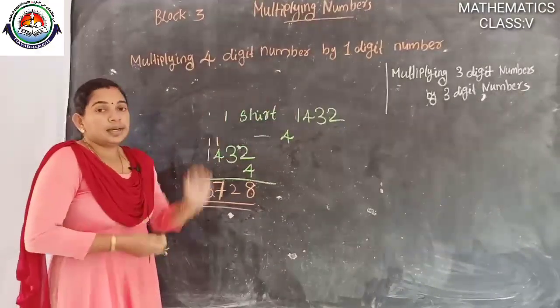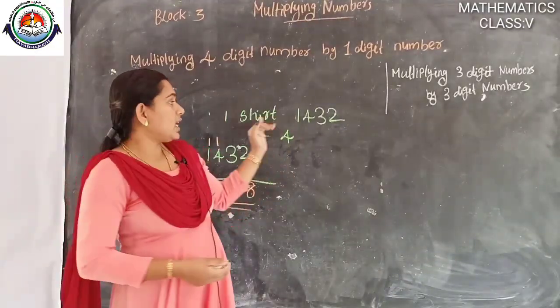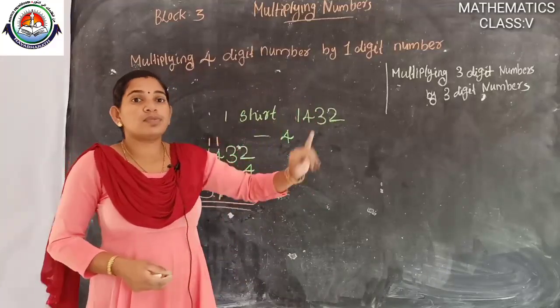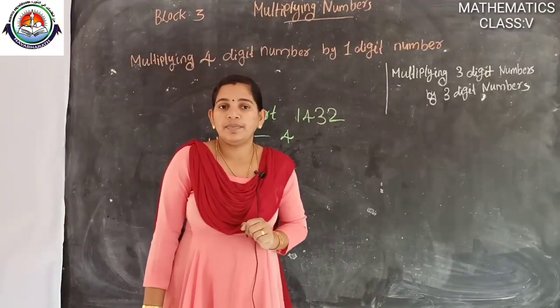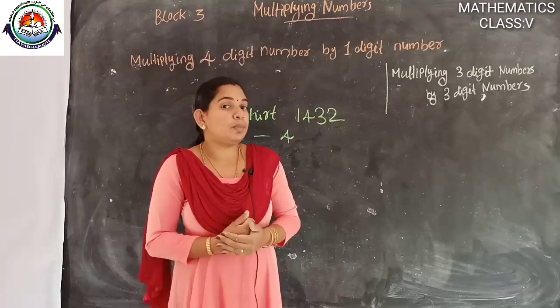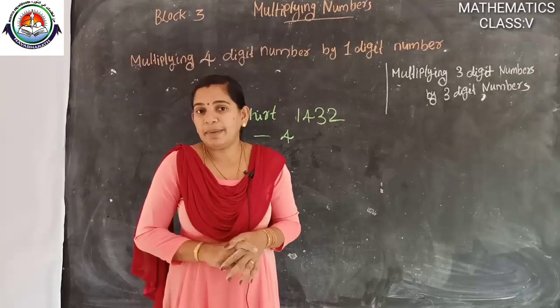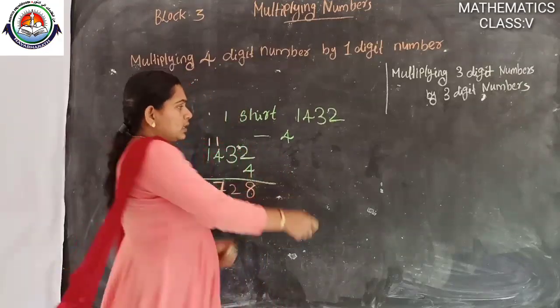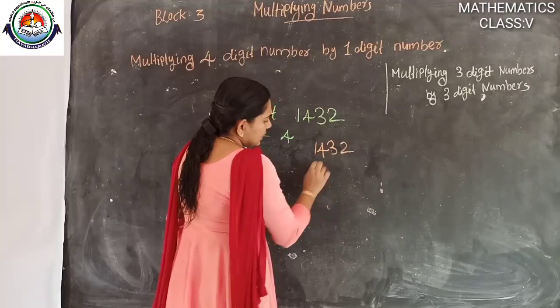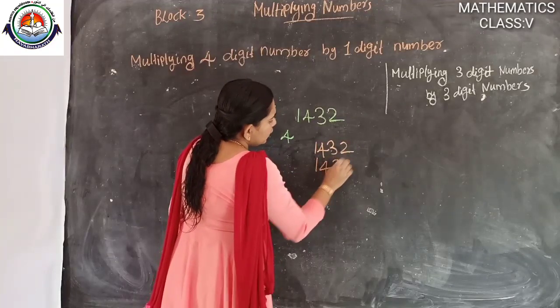So, in my brother's marriage, I want to buy some shirts for my cousins. One shirt costs 1,432 rupees. I have 4 cousins. Then how many rupees do I have to pay? Then what do we do? Multiplication. First cousin, 1,432. Second cousin also 1,432.